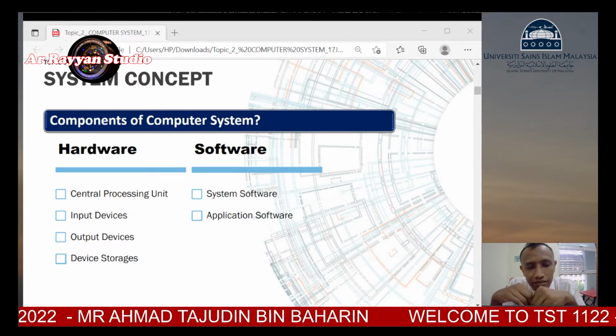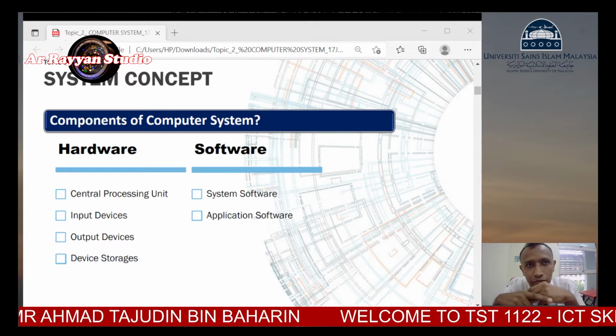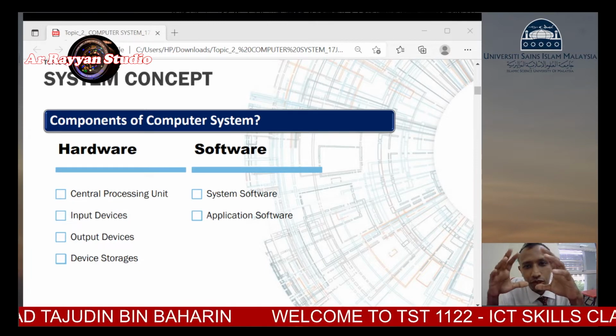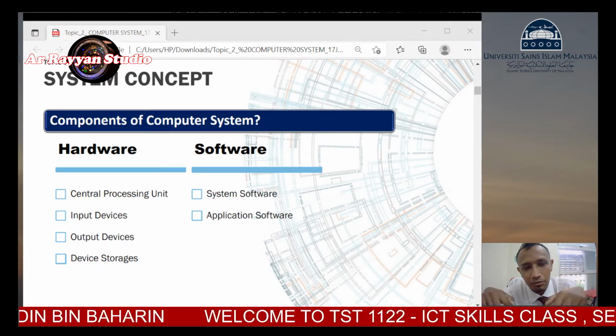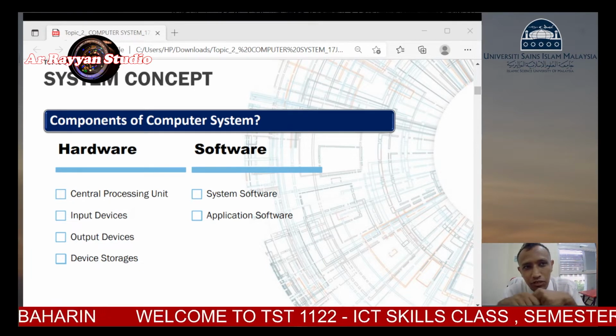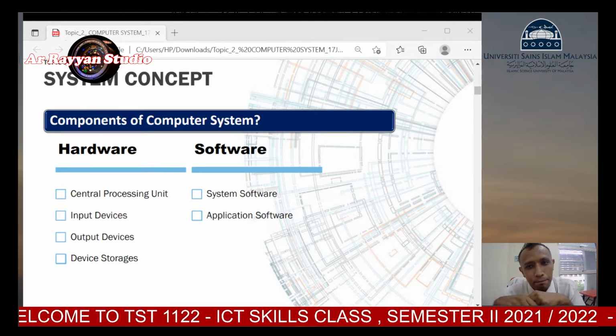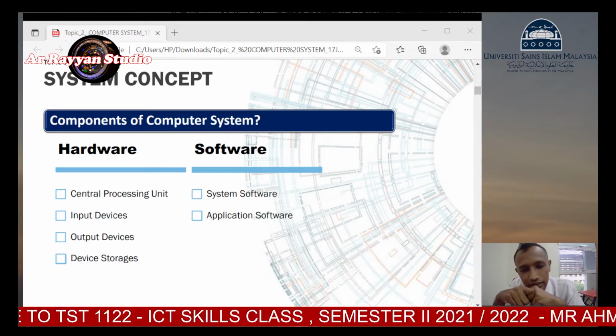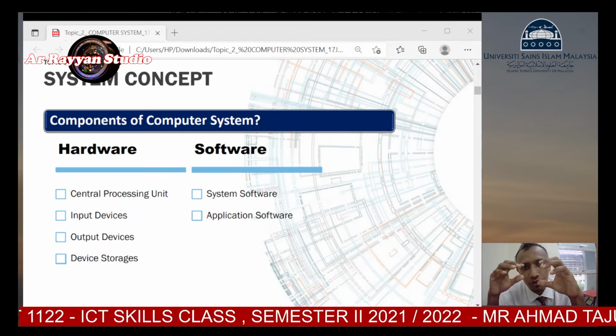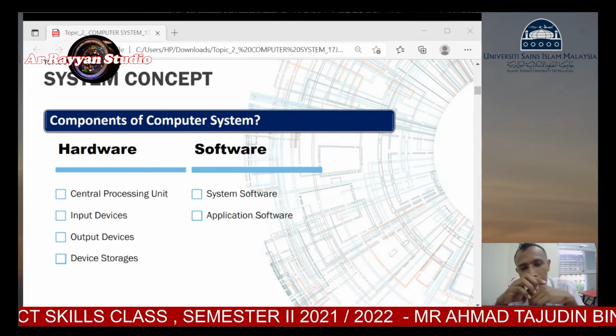Macam normal user, dia orang tahu CPU tu adalah yang besar gerabak tu kan. Yang dekat cyber cafe ada besar gerabak, dalam box ada motherboard, whatever semua tu kan. Betul tak? Tapi sebenarnya CPU is the brain of the computer itself.